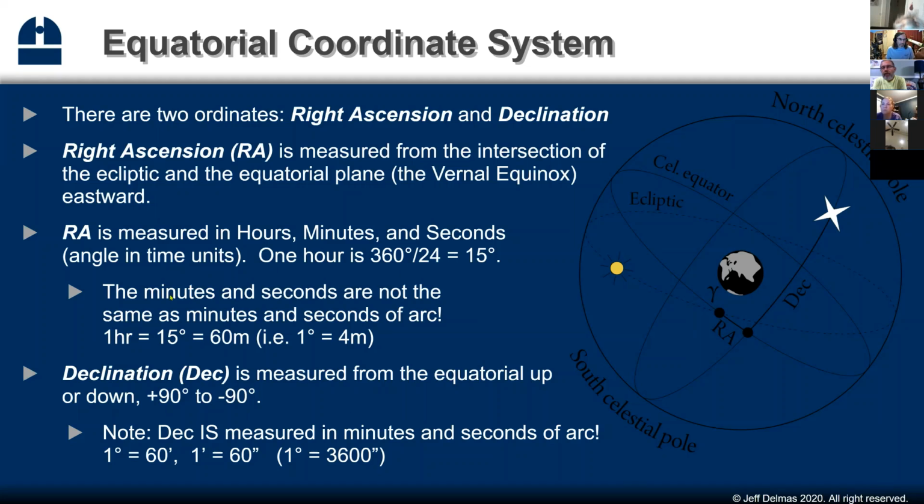So the key is that right ascension is measured in time units. Declination is measured in traditional angle units of degrees, minutes, and seconds of arc. So for example, here is the coordinate for this star right here. It is 1 hour and 34 minutes and 20 seconds RA, and then declination is plus 47 degrees, 36 minutes and 14 seconds.